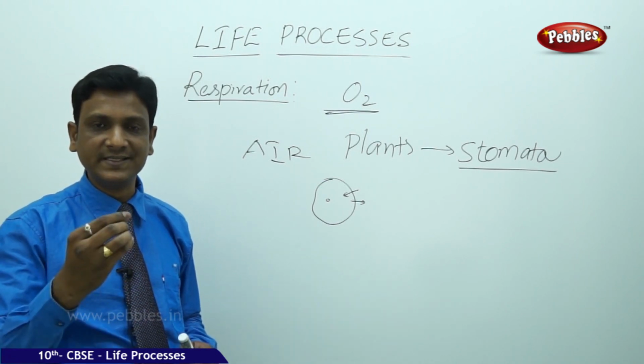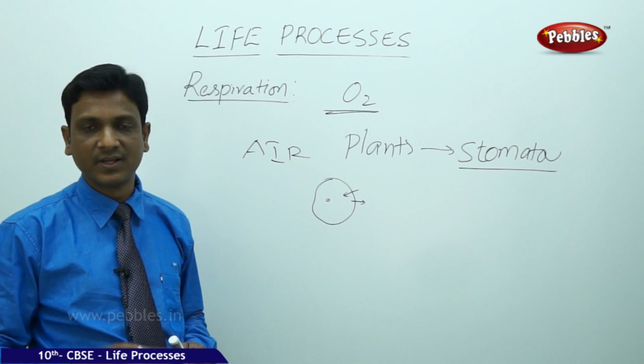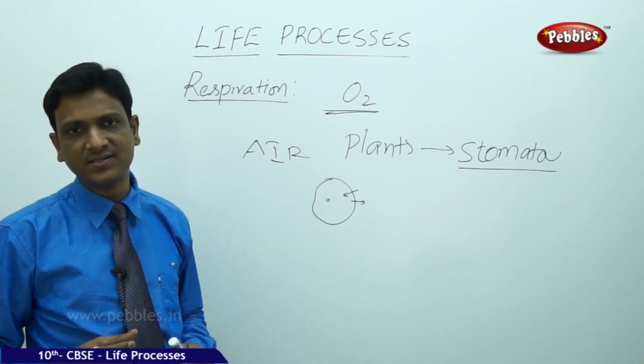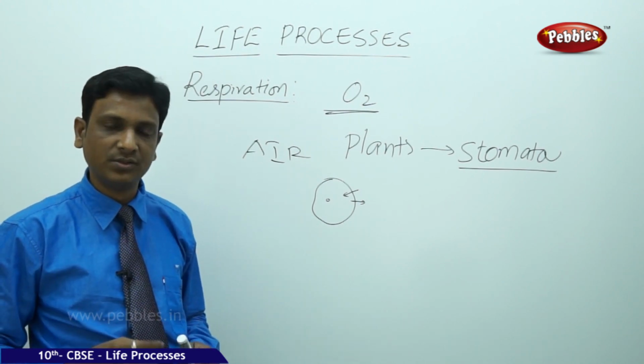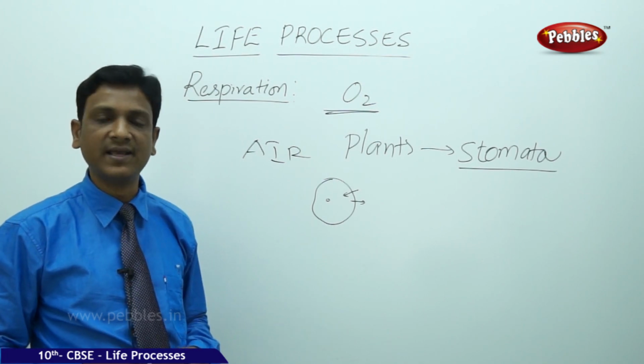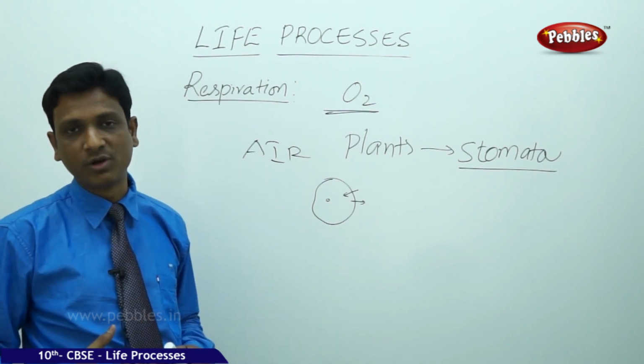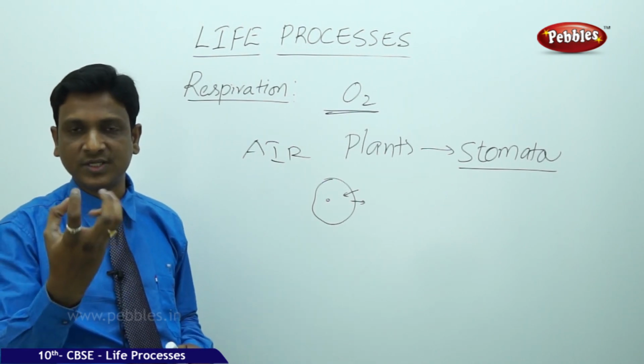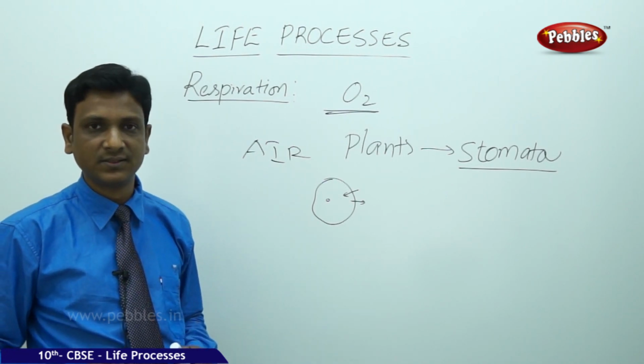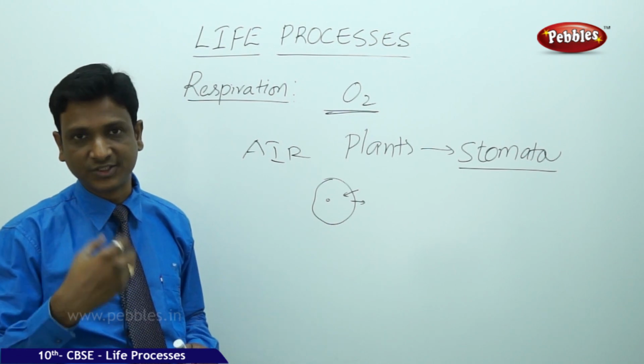Insects have air spaces in their bodies, air tubes, through which they respire, called tracheal respiration. Frogs absorb the oxygen through their moist skin, and they even have lung-like structures to breathe in.